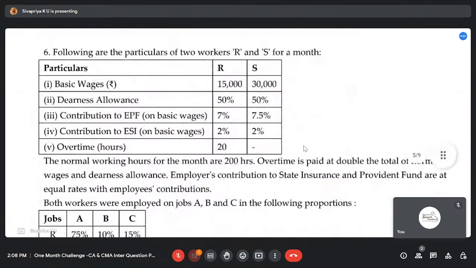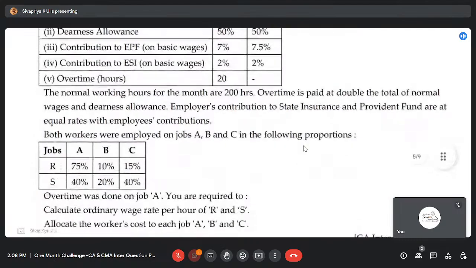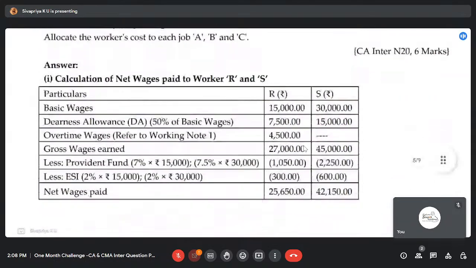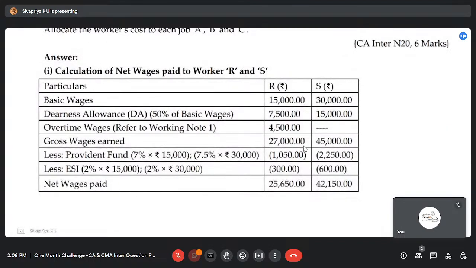Question number 6. So the workers or employee cost related problem. So first is calculation of the net wages paid to worker R and S. For worker R it is 25,650 and for S it is 42,150.